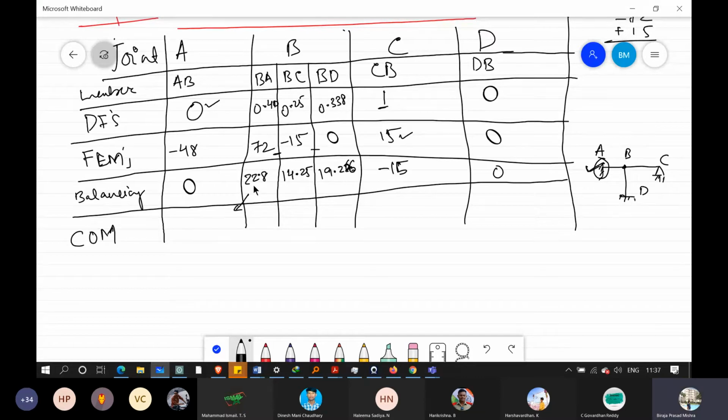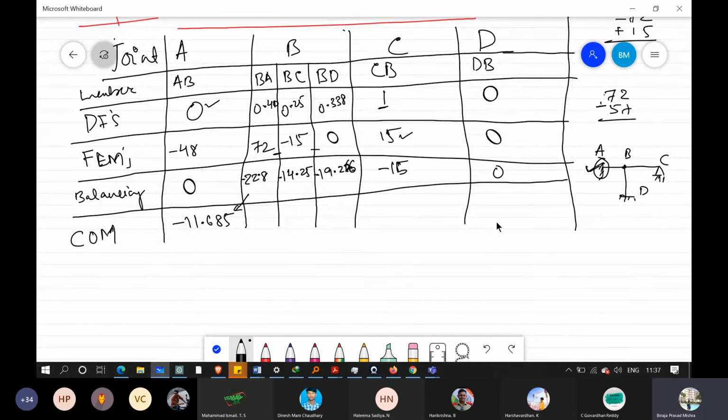That moment will be half of 23.37. This is 72 minus 15, which is 57, so this will come as minus 11.685.